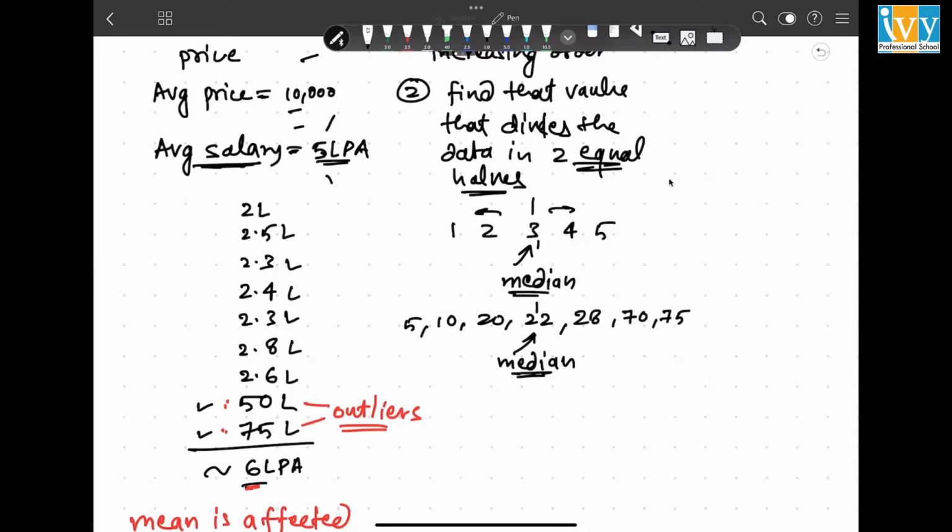So you arrange the data in increasing order and take the value that is in the middle and divides the data into two equal halves.